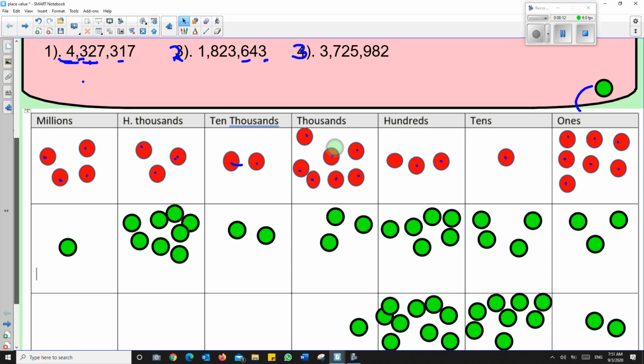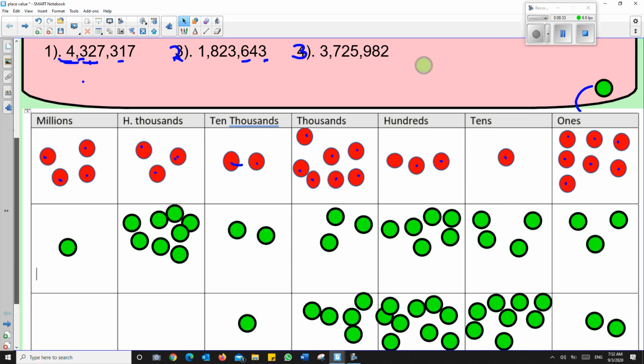In the 10,000 column is digit 2, so we need to put 2 counters to represent digit 2.